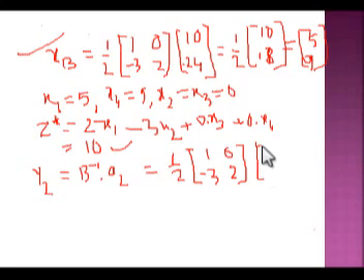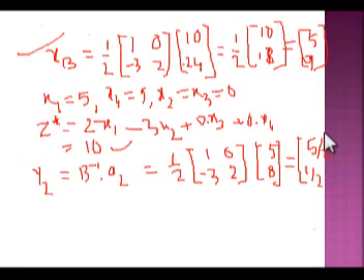I have written it in my exercise paper: a2 is 5, 8. Multiplying this, I am writing directly, in the same procedure, you will get 5 by 2 and 1 by 2.